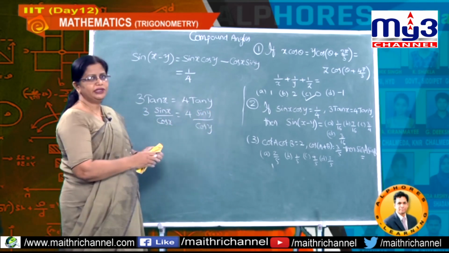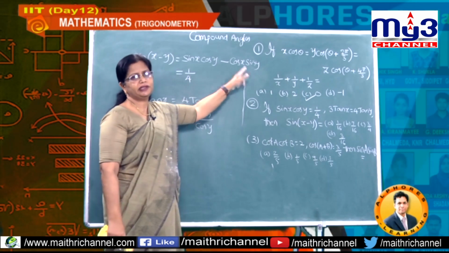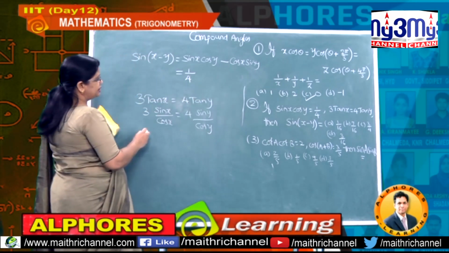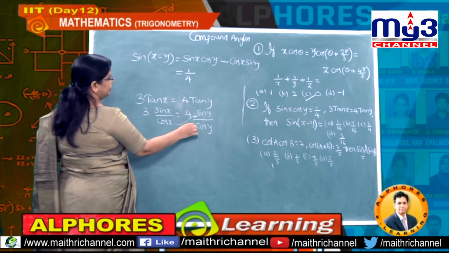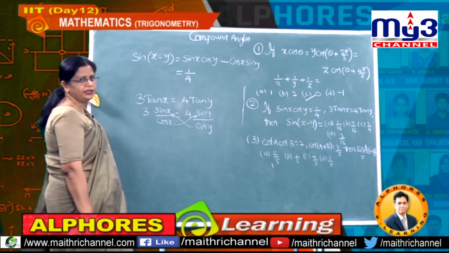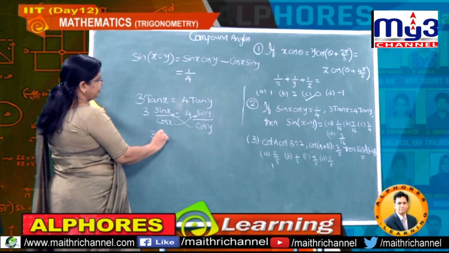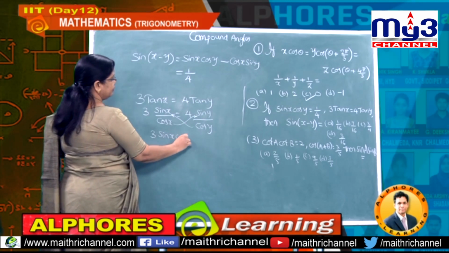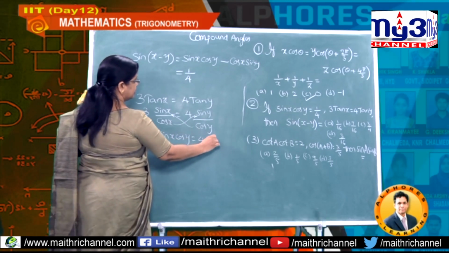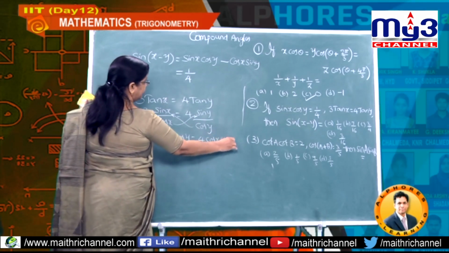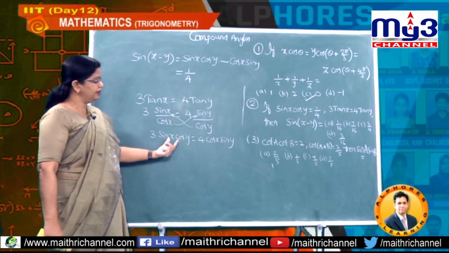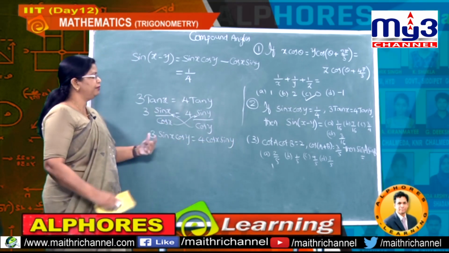Okay. What is our requirement, students? Cos x sin y. So, let us do cross multiplication here. Understand? So, 3 times sin x cos y is equal to 4 times cos x sin y. Now, this result is already given, that is 1 by 4.